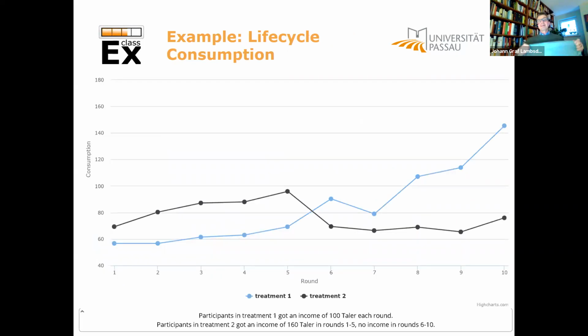Okay, what else? Well, life cycle consumption. This is probably something more for a course in advanced macroeconomics, but well, it depends on your curriculum. It's a game which has been taken from Carbone and Duffy, 2014 in a publication.